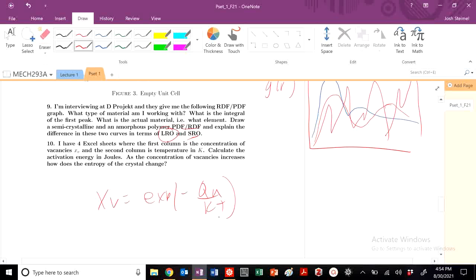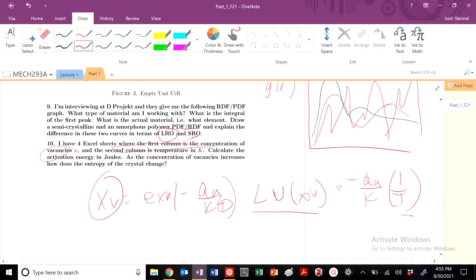So we have concentration of vacancies and T. I know that if I take the natural log, ln XV equals minus QA divided by K times T. So I have a list of temperatures, I have a list of XV. So if I plot ln XV by 1 over T, I could calculate the activation energy in joules.